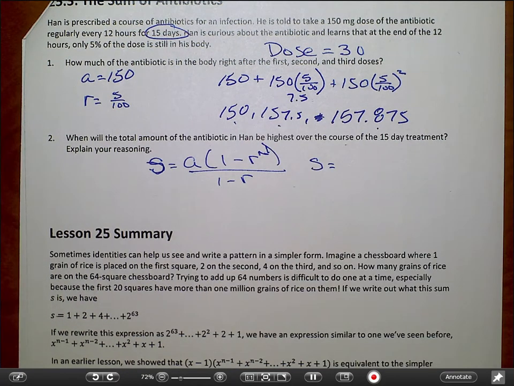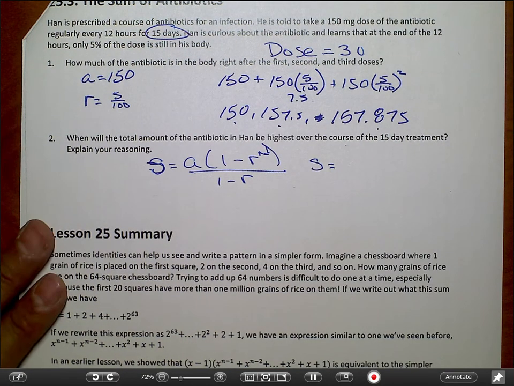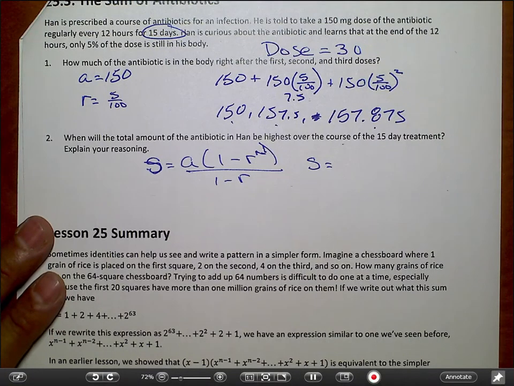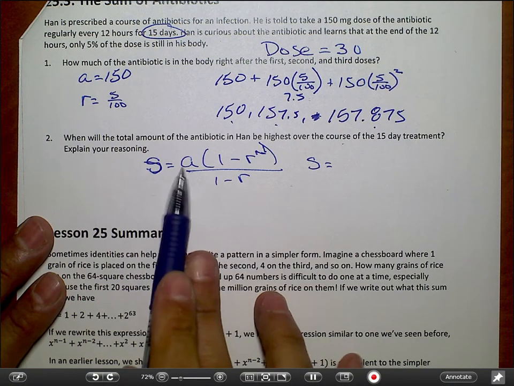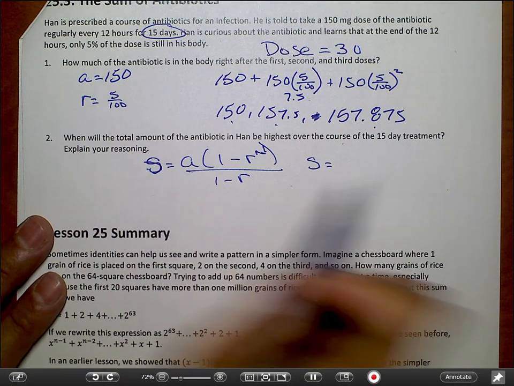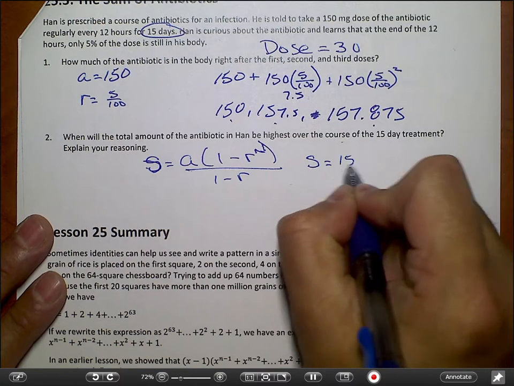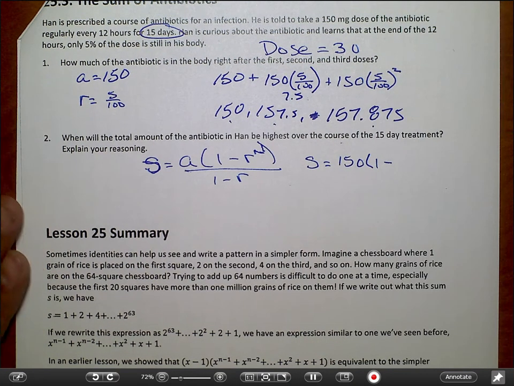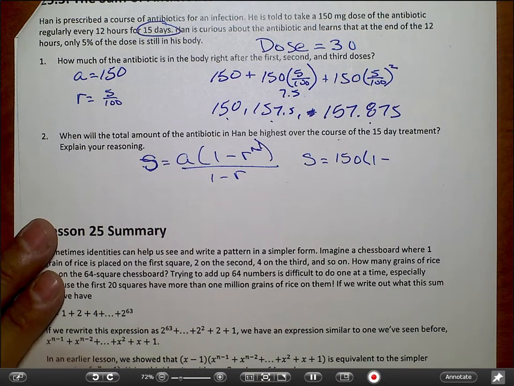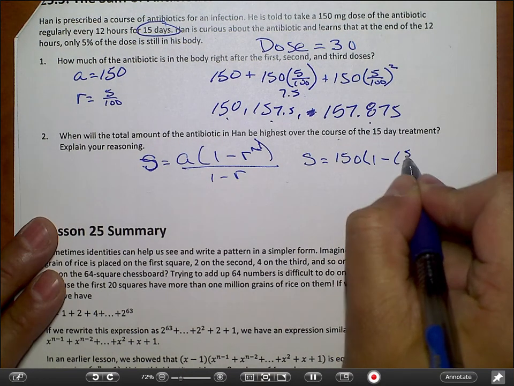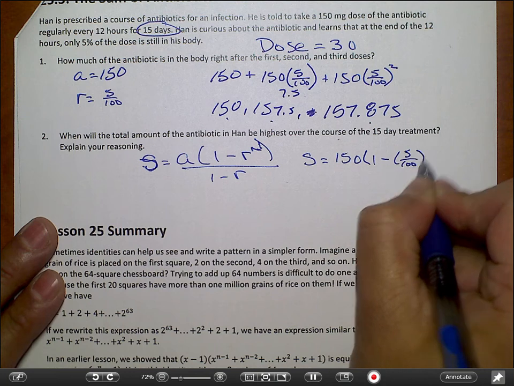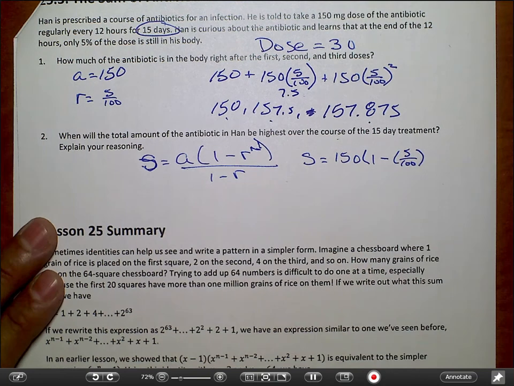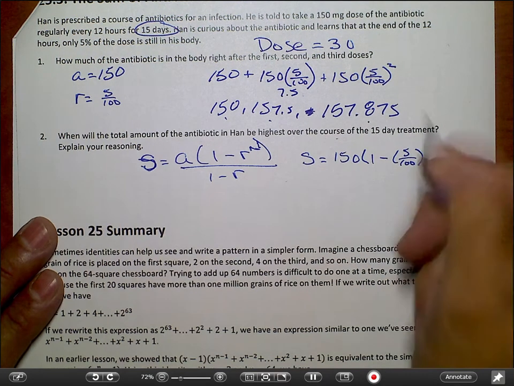There's your N. So my A value here is, what's the A? The initial amount is 150. 150 parentheses 1 minus, what is my R? 5 over 100, right? And what power is that going to be raised to? 30. 30, very good.